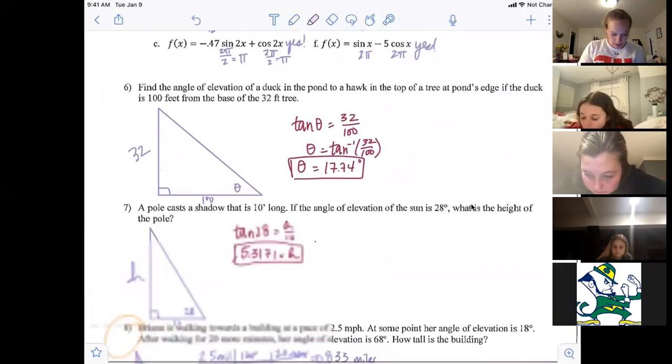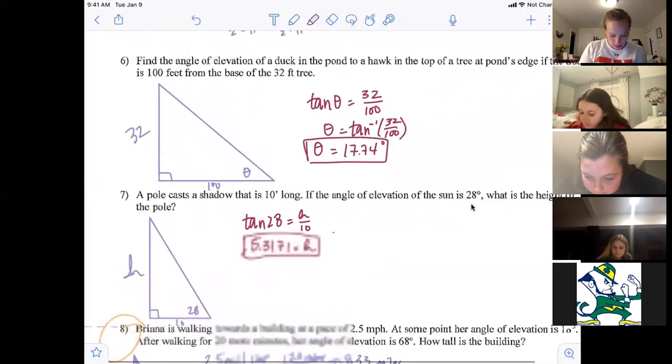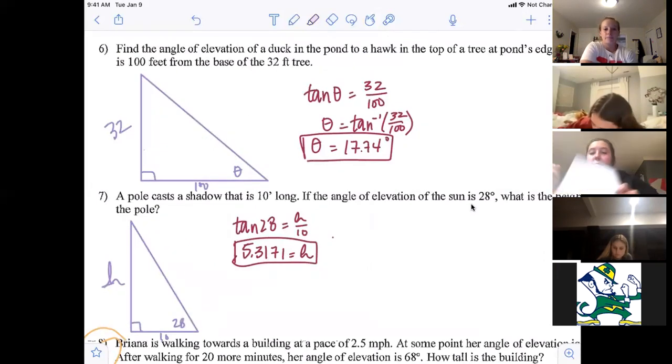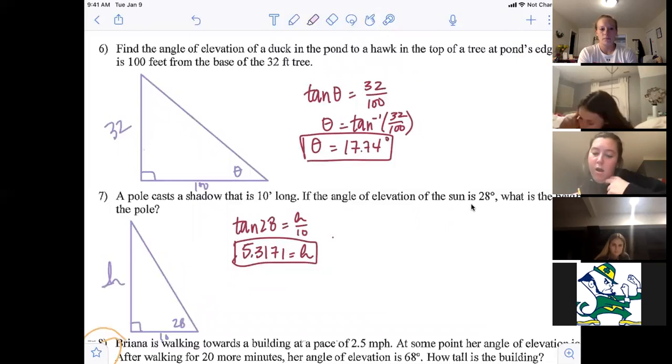All right, let's look at 6 and 7. And then 8's a lot like number 2, so we'll look at that one again. I thought 6 and 7 were pretty self-explanatory.